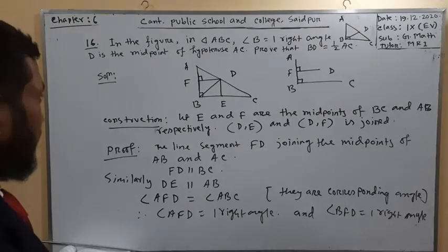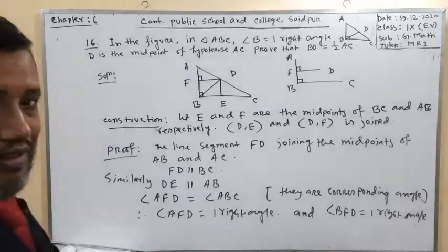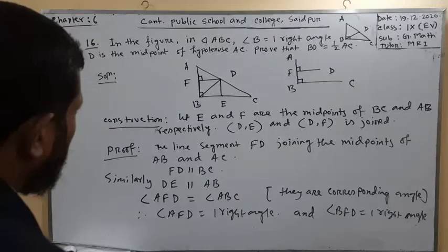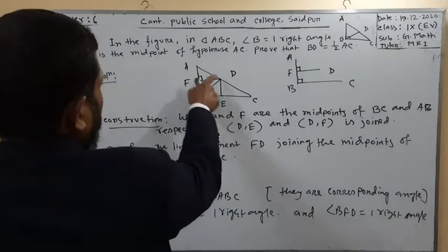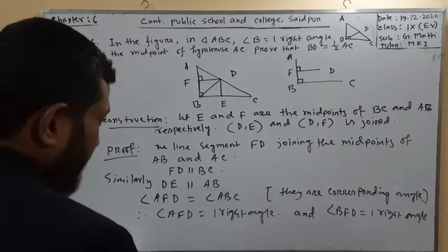So we can tell easily these two triangles are congruent to each other, that is AD is equal to BD.